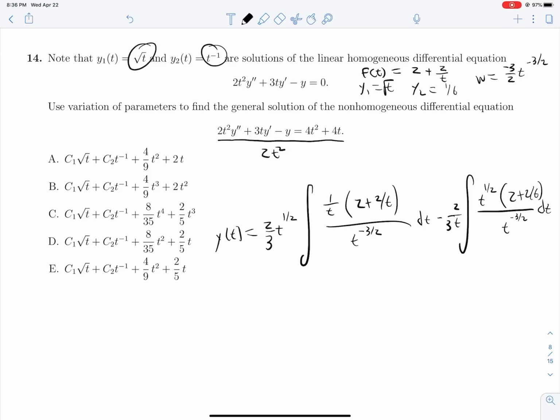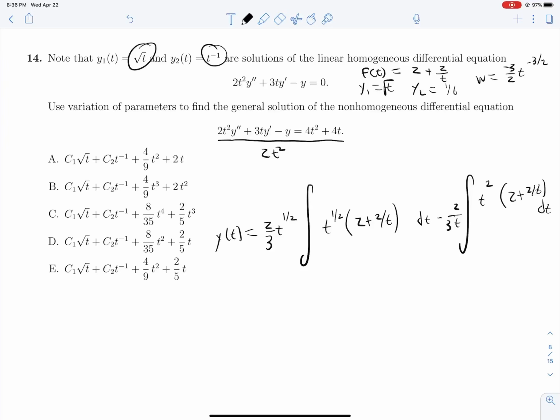And then what else can we do? Well, this 1 over t can come down here. This t to the 3/2 can go up there, and then we can subtract 1 from that exponent, and now things are looking a little better in that integral's world. Additionally, this negative 3 over 2 can come up and make this a t squared. And this is plus 2 over t, there we go.